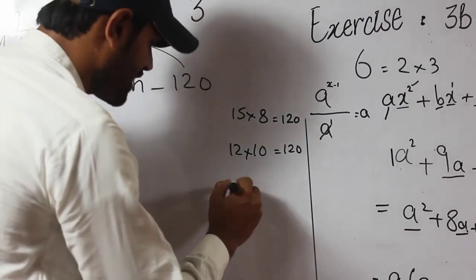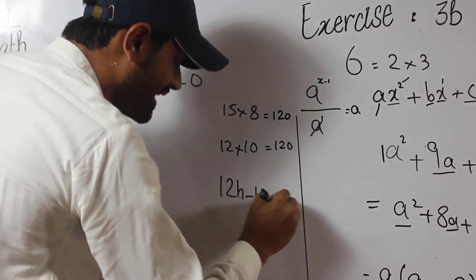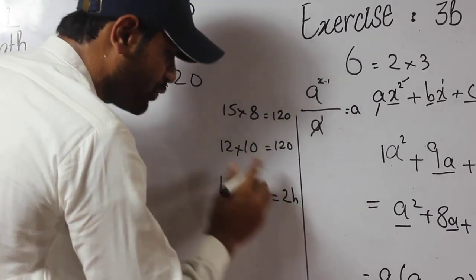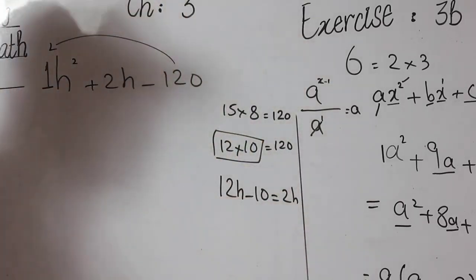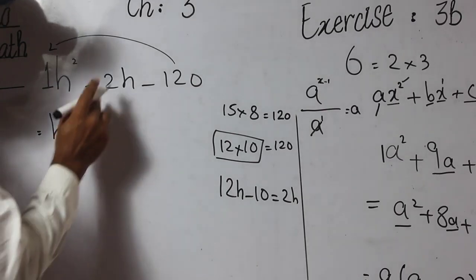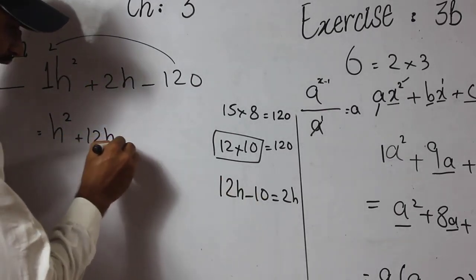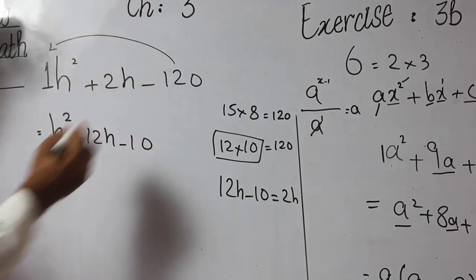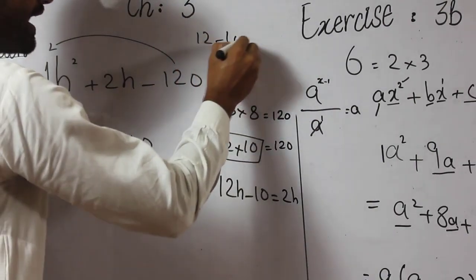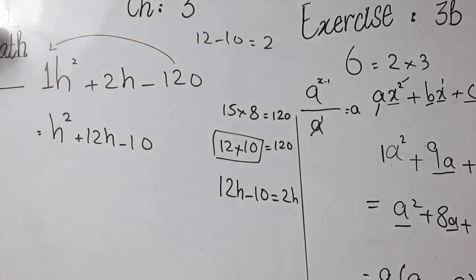So I simplify 12a minus 10a, which is equal to positive 2a. I use these two numbers, 12 and 10. So right here a² plus 2a converts into these two numbers: a² plus 12a minus 10a, because 12 minus 10 gives 2.